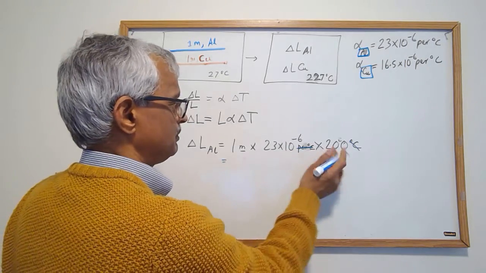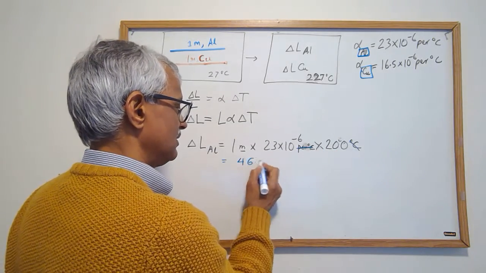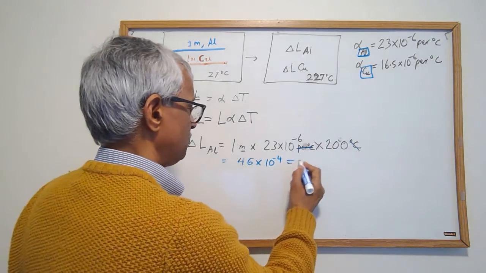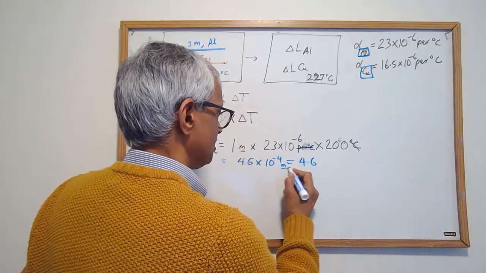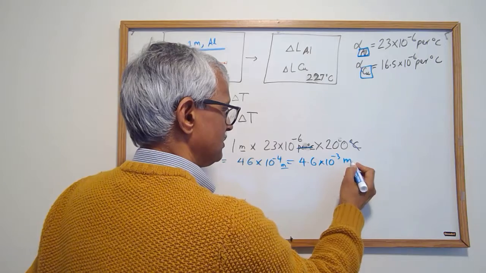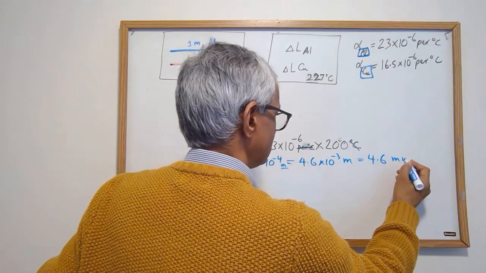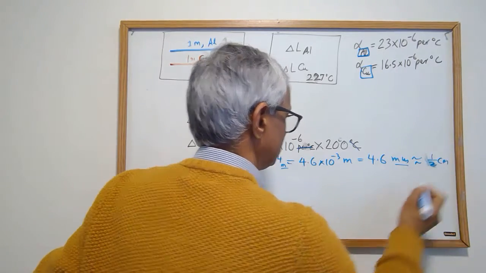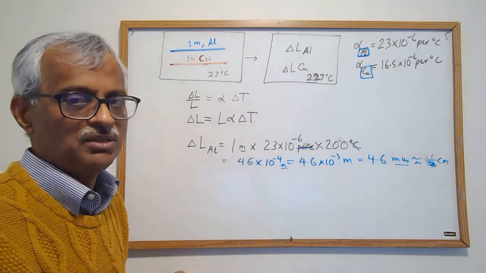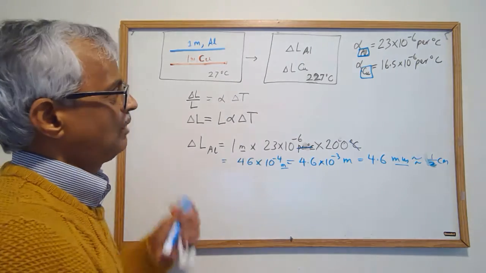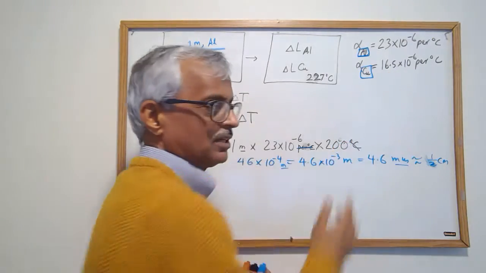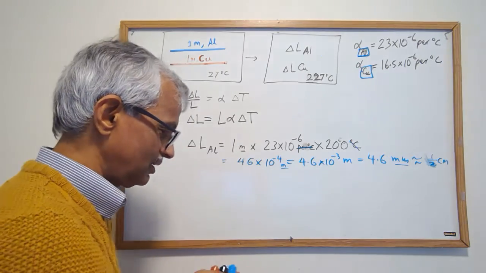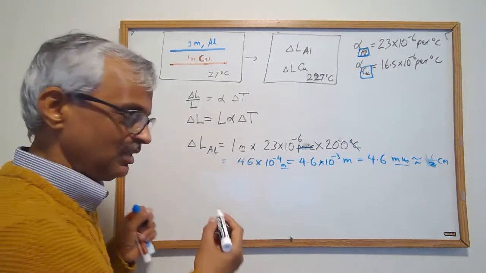You multiply this, you get 46 times 10 to the power minus 4, which will be 4.6 times 10 to the minus 3 meter, which is 4.6 millimeter, which is approximately half a centimeter. So that's how much aluminum will expand. Now copper has a lower coefficient, that means it's going to expand less. I don't know if you have experience with both these materials, but it kind of makes sense to me.